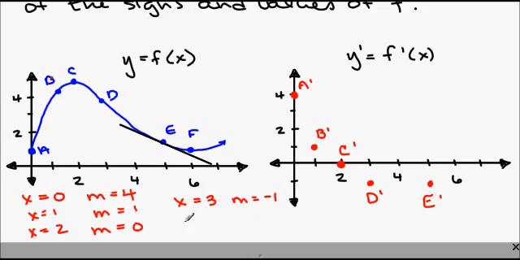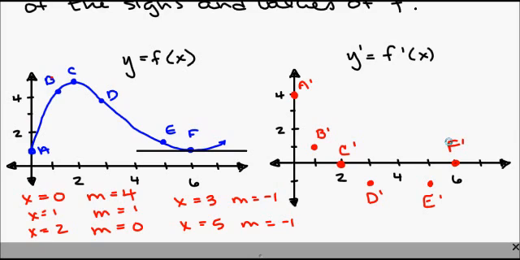So E prime. So x is 5, slope is -1. Okay. Last point, F. I'm drawing this tangent line. And that is horizontal also. So that means that we have a point at 6, 0 over here for F prime.